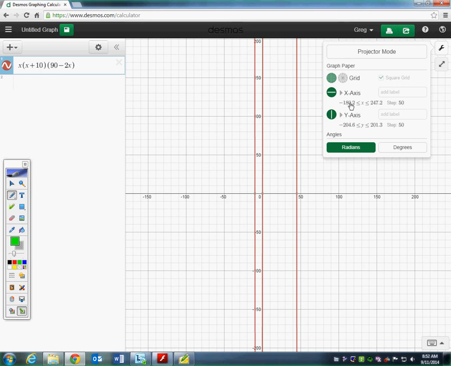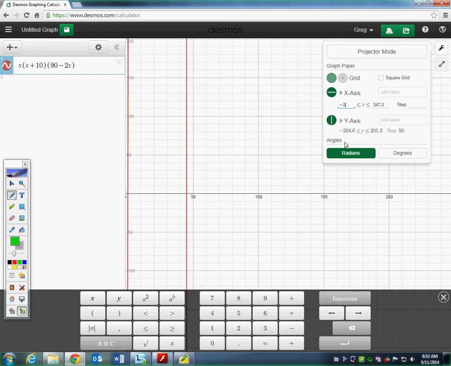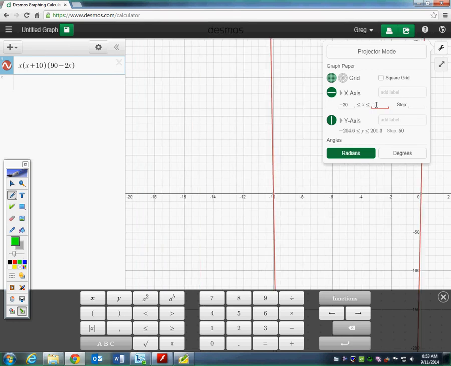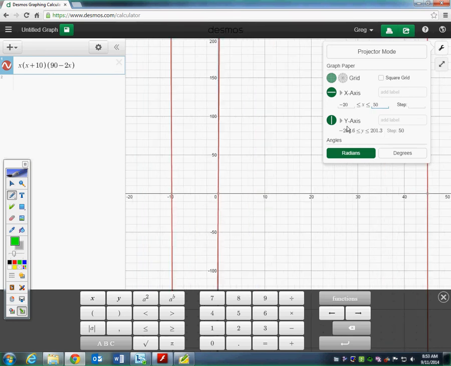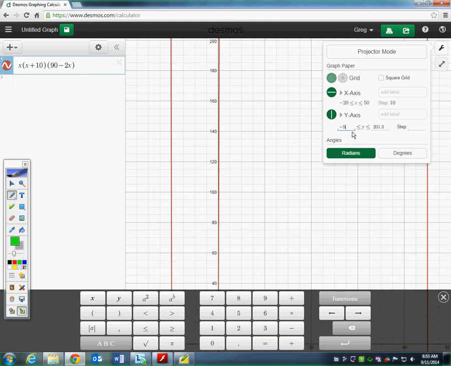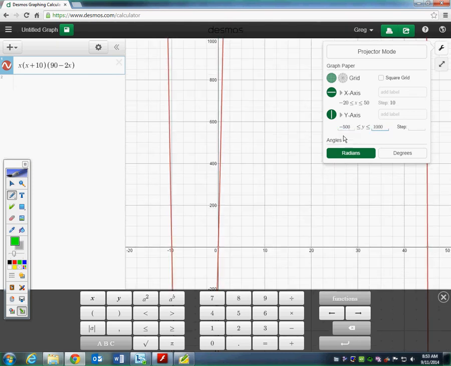I'll change my X-axis, looking at this graph, I don't know, from minus 20 up to plus 50. And now my y-axis should be quite large. I don't know, maybe I'll make it 1,000, or this is the minus part, right? Negative 500 up to 1,000. How's that looking? Oh, I can't quite see where it comes down.